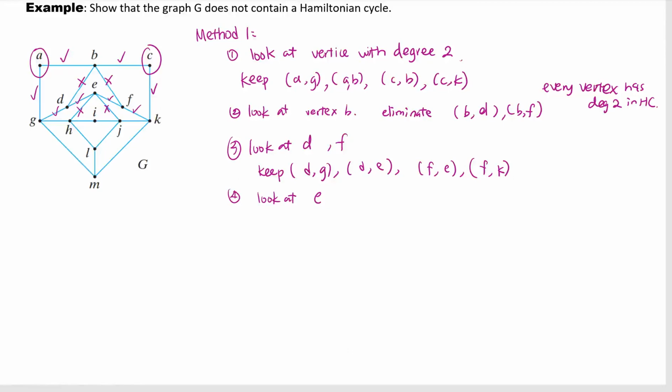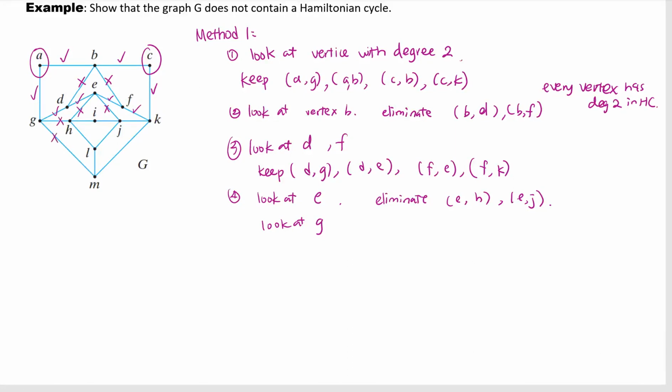So we need to eliminate EH and EJ. And also look at G. Now we already have 2 edges incident to G, so we need to delete the rest.